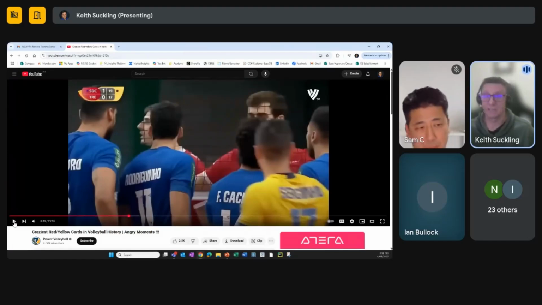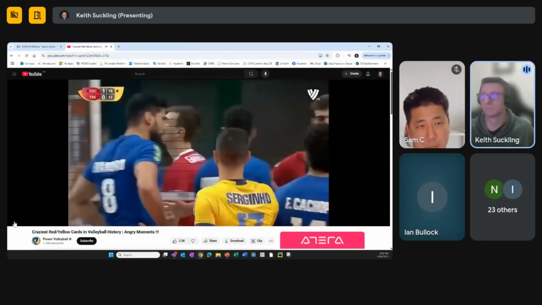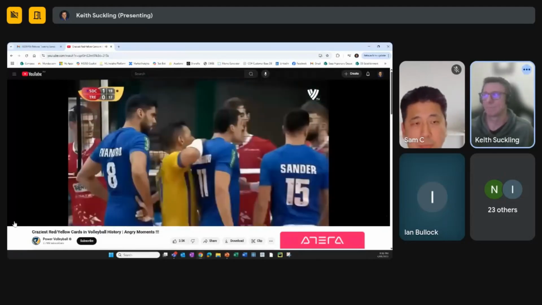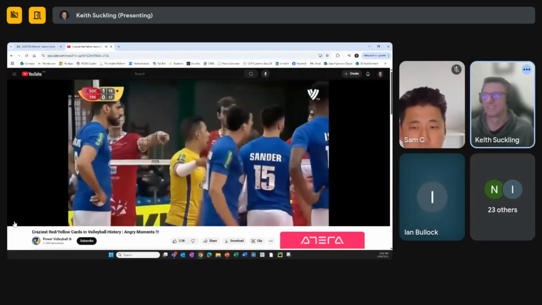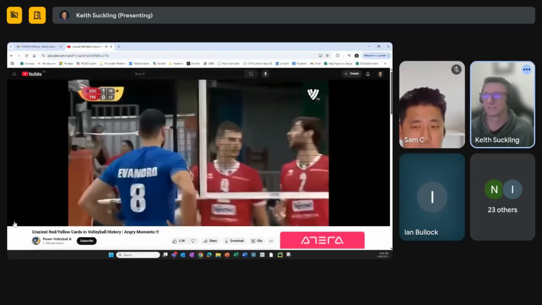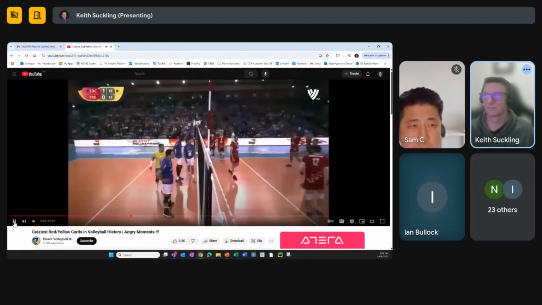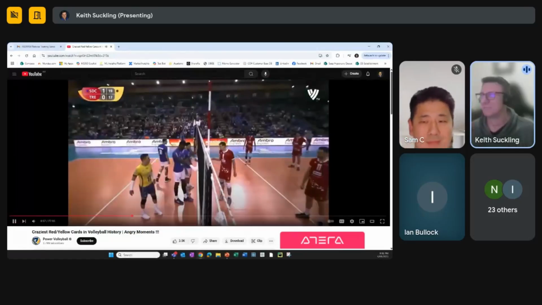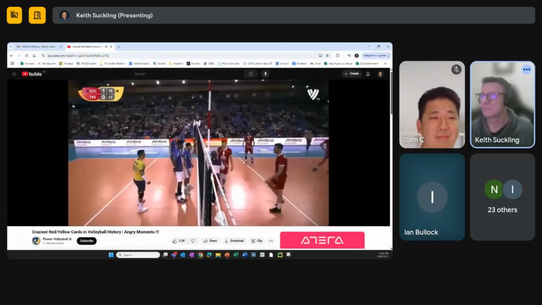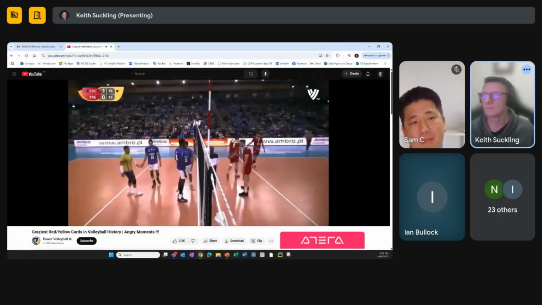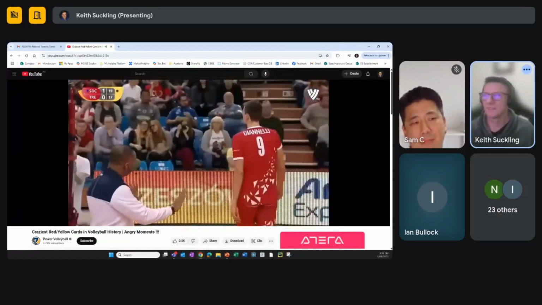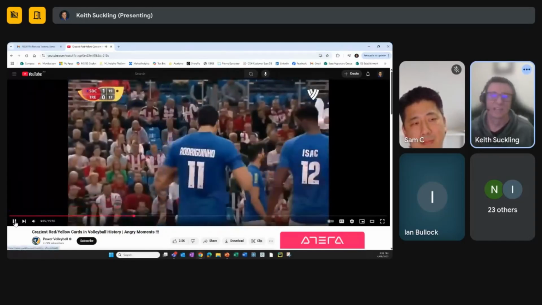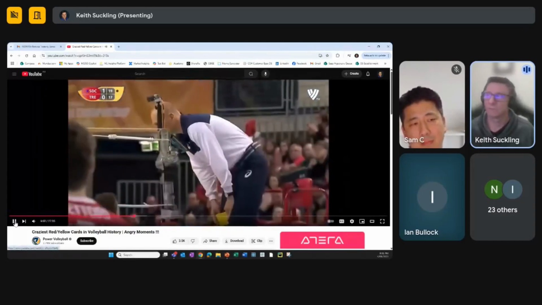And so consequently, everyone's now at the net to each other. Even see the reaction from the player. Again, you see the poor second referee in the middle of the court.